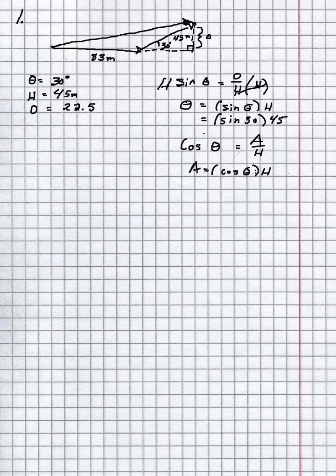Inserting our numbers, we've got the cosine of 30 times 45. So cosine 30 times 45 gives us 38.97. Let's round that to 40.